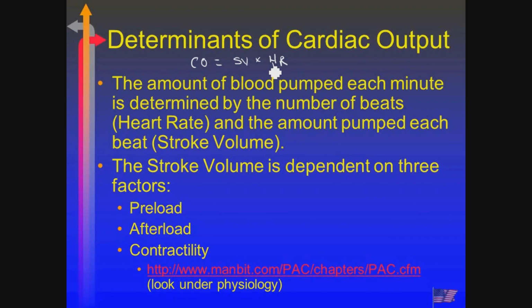And if it doesn't work, the AV node takes over, and if that doesn't work, the Purkinje fibers will fire independently at something less than 40. Stroke volume, though, is a little bit different. Stroke volume is dependent upon three different factors: something called the preload, something called the afterload, and something called contractility.